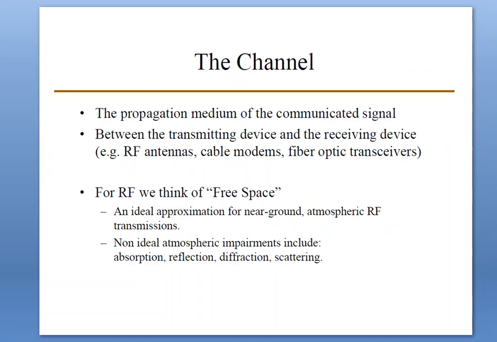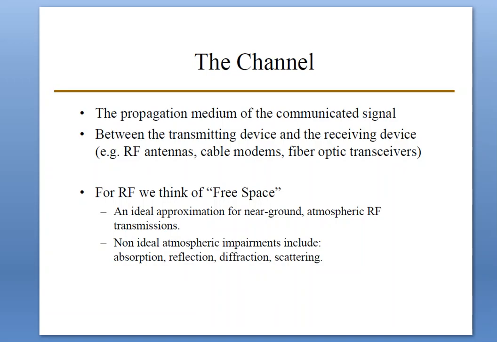Now coming to the channel. The propagation medium or electromagnetic path connecting the transmitter and receiver is called a channel. In some texts we call it the interface medium between transmitter as well as receiver.